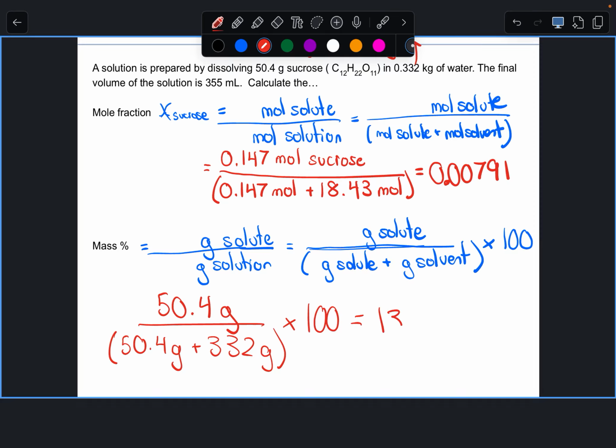And I get 13.2%. Okay, so in general, for these last two pages, the general direction is start by defining the unit as specifically as you can. Then find each component and plug those in, whether it's moles or grams or whatever.